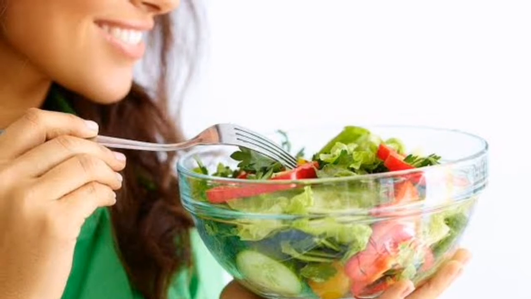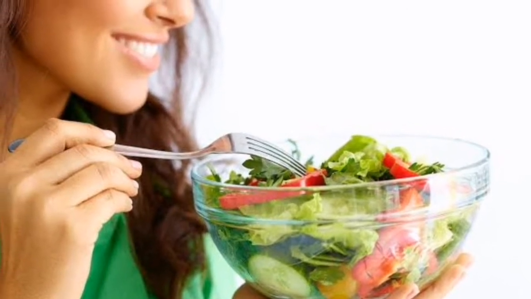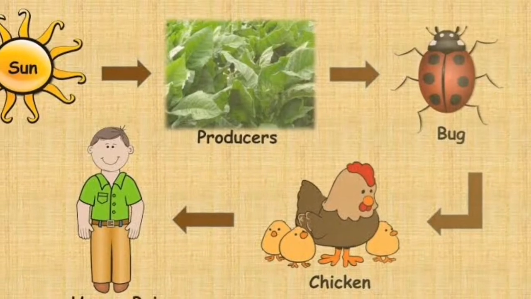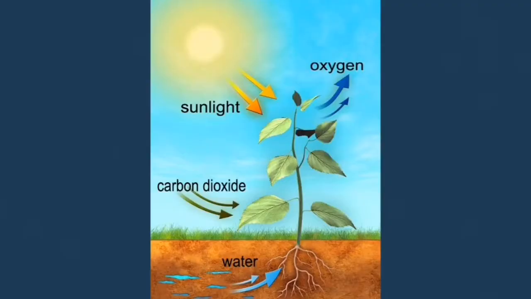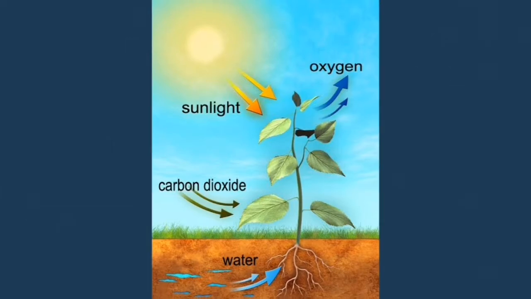So, the survival of almost all living organisms directly or indirectly depends upon food made by the plants. Not only food, the oxygen which is essential for the survival of organisms is also produced during photosynthesis. So, in the absence of photosynthesis, life would not be possible on earth.